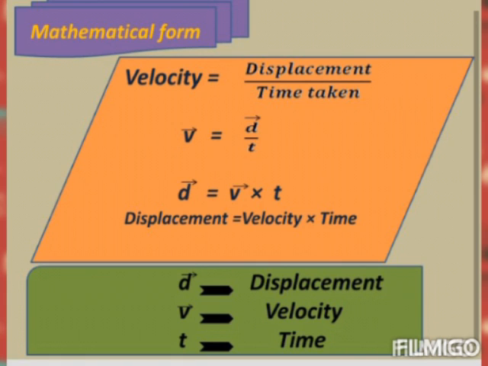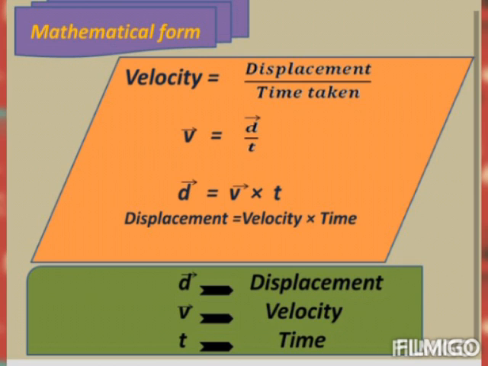Here is the mathematical expression of velocity. The formula of velocity is equal to displacement divided by time. The symbol of velocity is v with an arrowhead, equal to the displacement, which is represented by small d with an arrowhead. This is the representation of a vector quantity. And the symbol of time is small t.